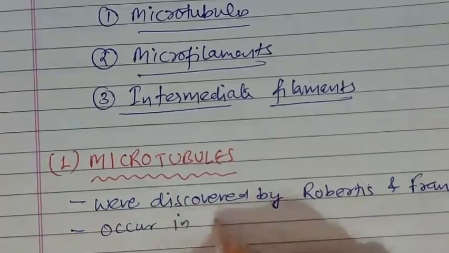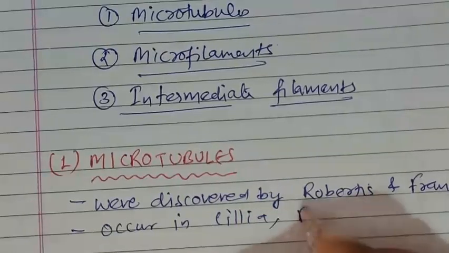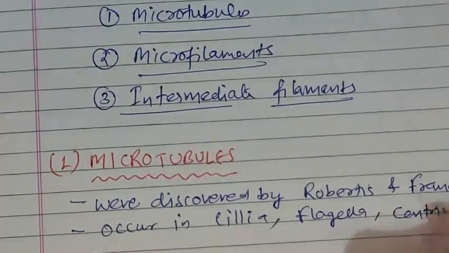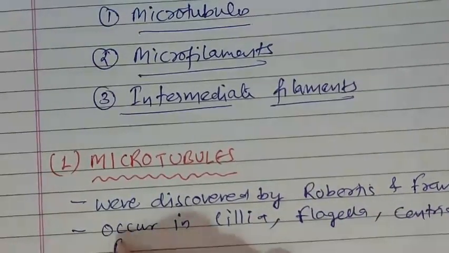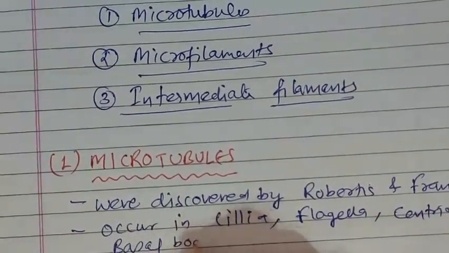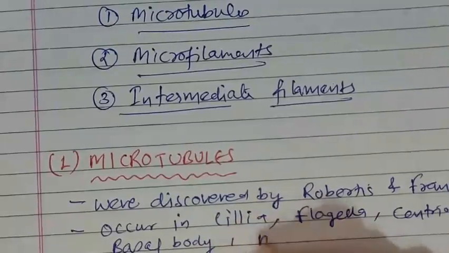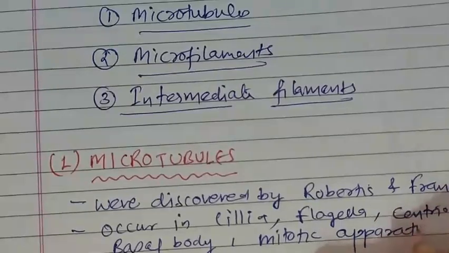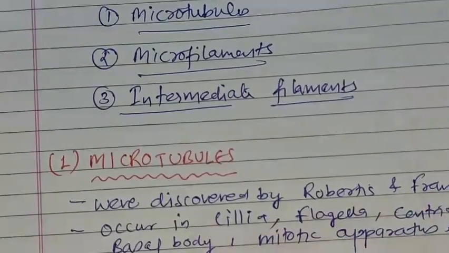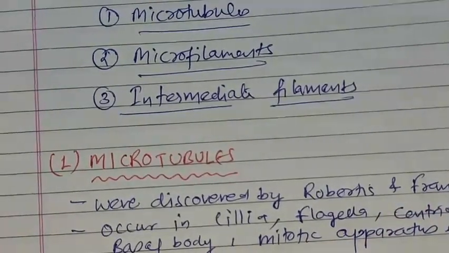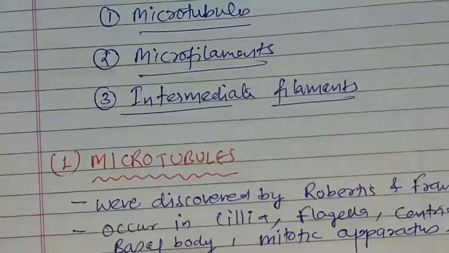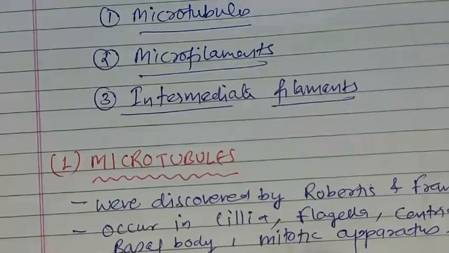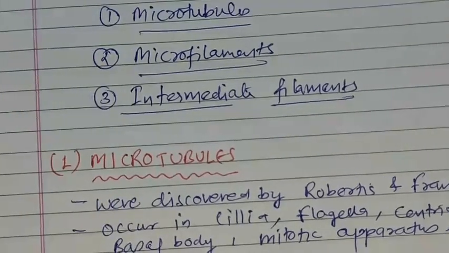They occur in cilia, flagella, centrioles, basal body of flagella, and in the mitotic apparatus, etc. You will find these microtubules there, but these microtubules are absent in prokaryotes.